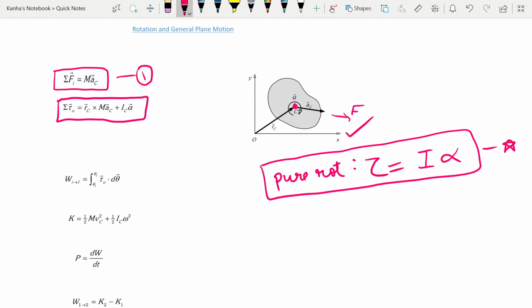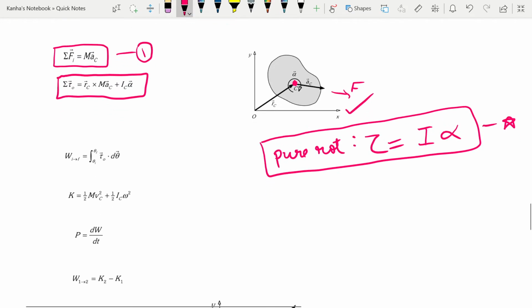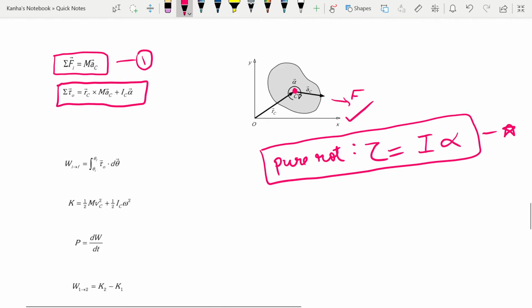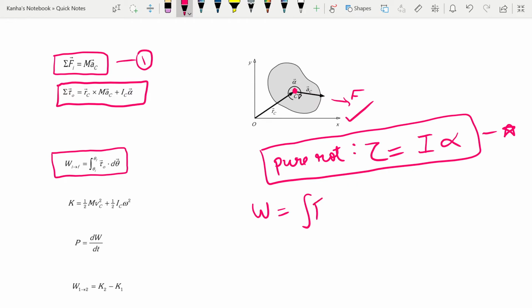Next are some basic things that come into place. First of all, how to calculate the work done due to rotation. The work done going from the initial point to the final point is nothing but an integral of torque into d theta. Remember, it's analogous to work done in translation motion being equal to F dot dr. Here instead of F I have a torque, and instead of dr I have a d theta.